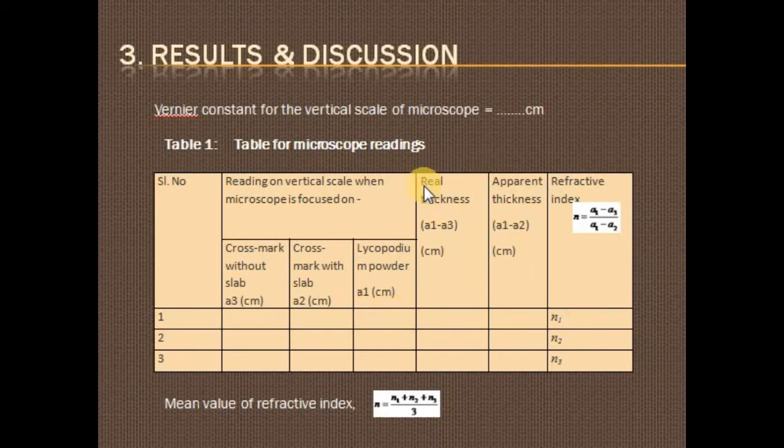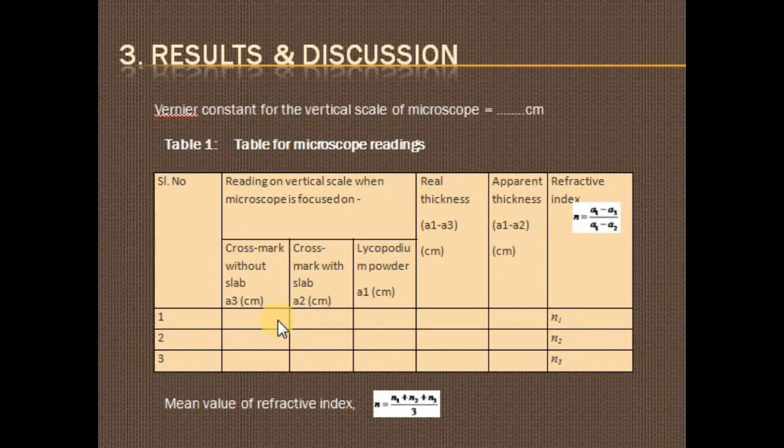Then for real thickness you subtract A3 from A1, and for apparent thickness you subtract A2 from A1. From these two readings we can find the refractive index, which is the ratio of the real thickness to the apparent thickness.